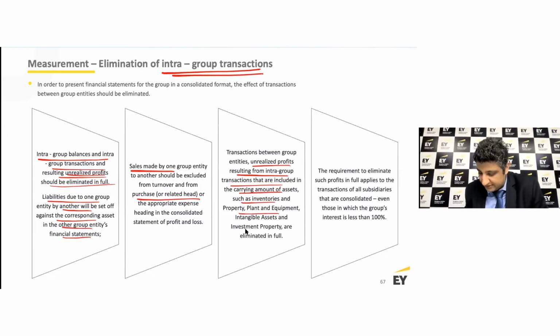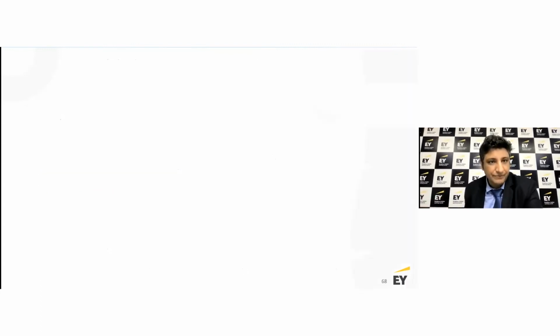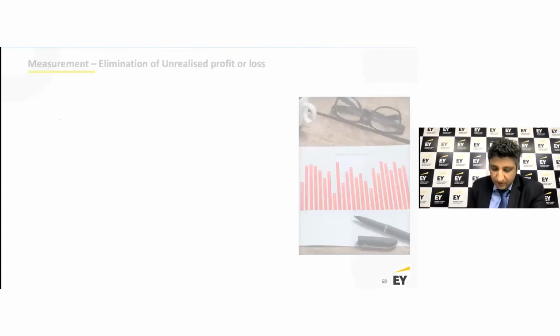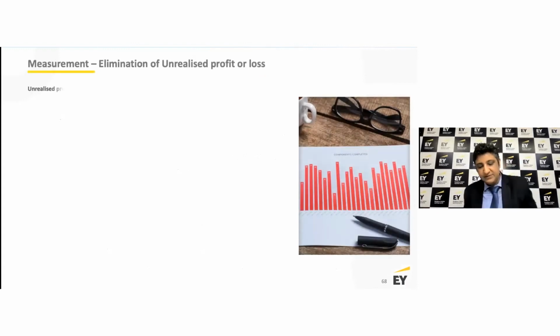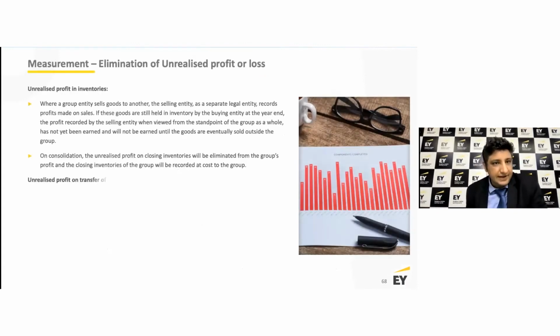We would be discussing all these aspects with the help of several examples to understand what exactly the flow is. This would apply to the fullest, irrespective of whether you hold a 100% stake in the company or less than 100%. Till the time there is control, you eliminate all the transactions in full. Likewise, we talked about the elimination of unrealized profits or loss.